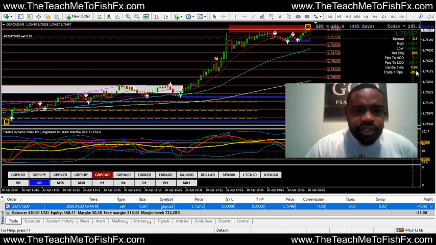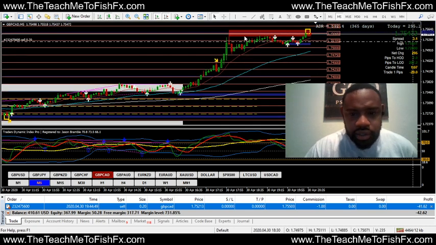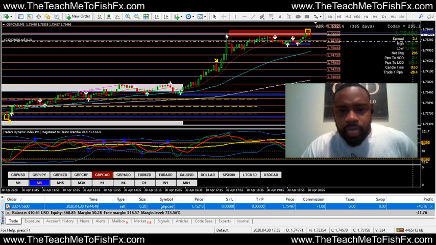Another way to take this trade, guys, is if you think the high has been set, you could have put in a sell limit up here at the tip, or just below the high.